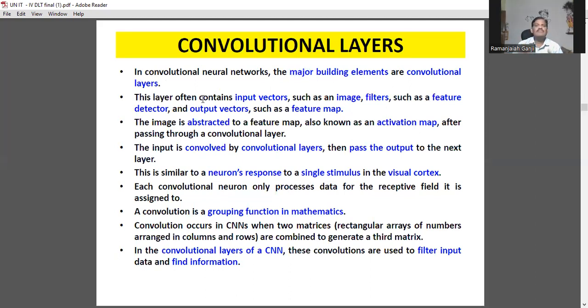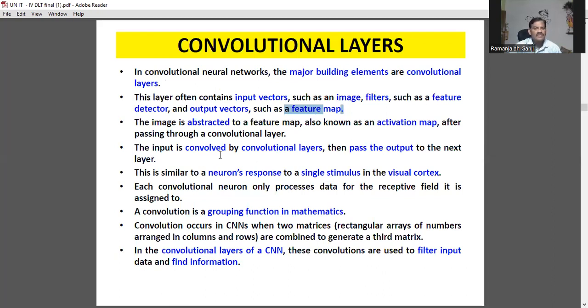We have multiple layers. Each layer may have a separate functionality. One component represents abstraction of other components. This layer often contains input vectors such as images, filters such as feature detectors, and output vectors such as feature maps. The image is abstracted to a feature map, also known as an activation map, after passing through a convolution layer.